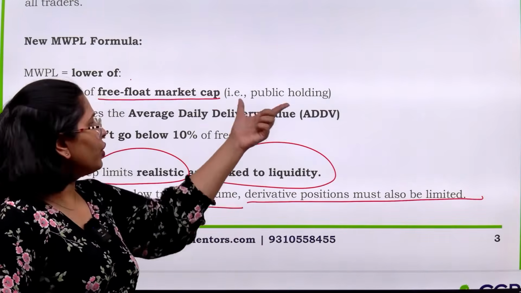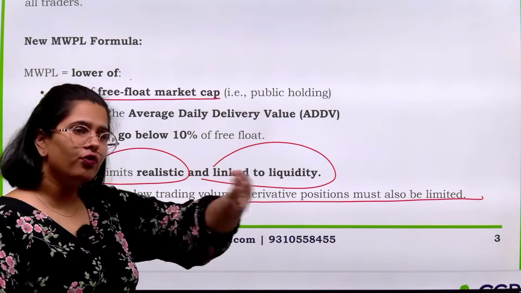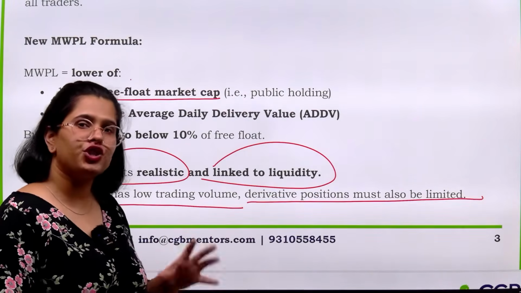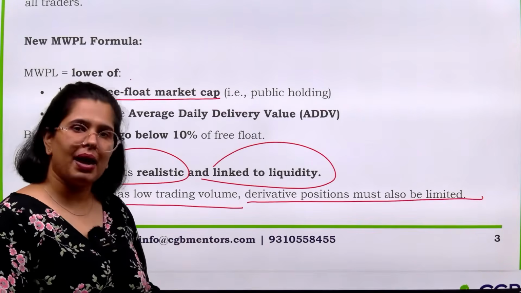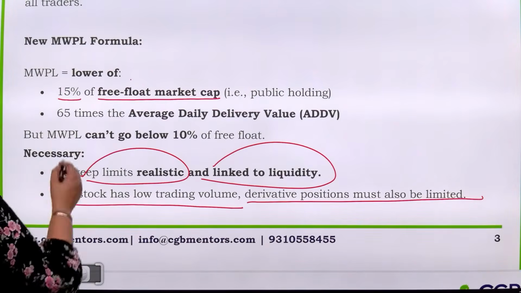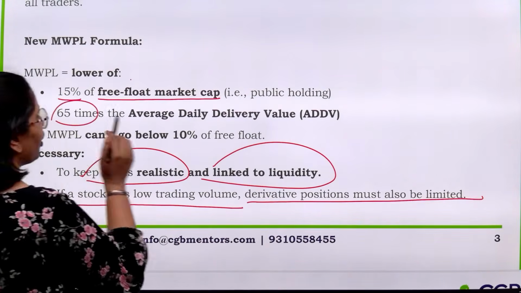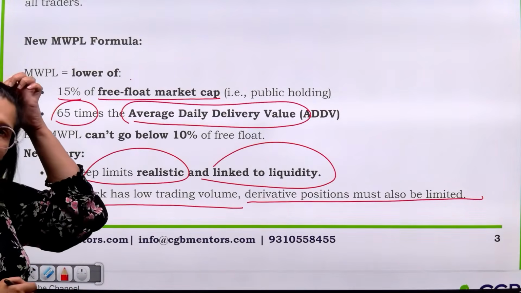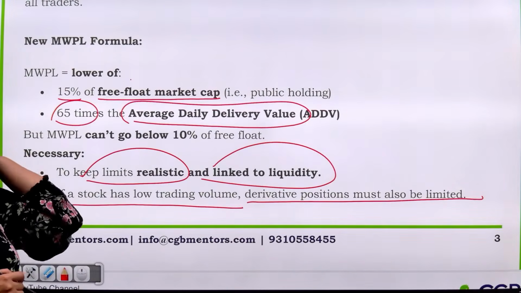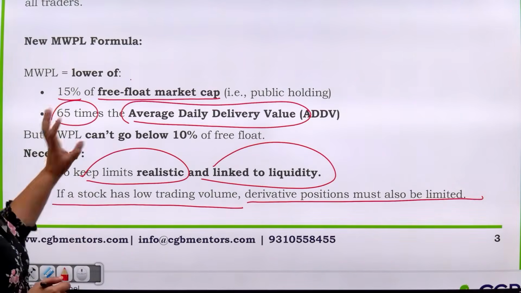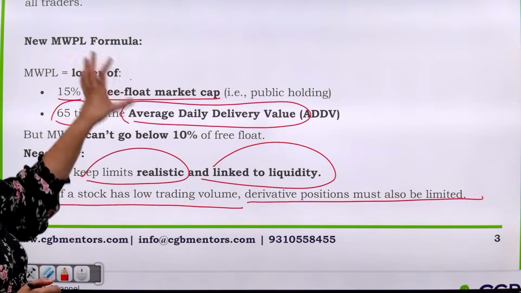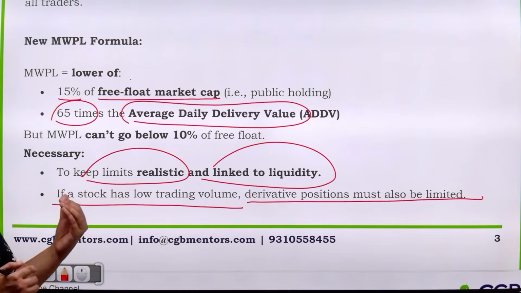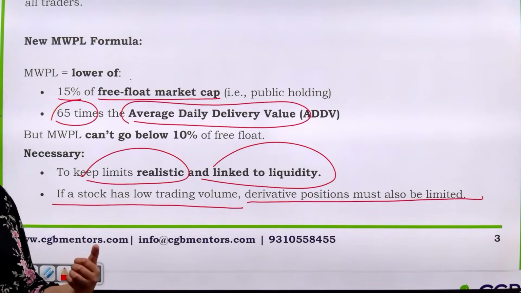Out of the total number of shares, if you remove the promoter's shareholding, you will get your free float share capital, multiply it with the market price, 15% of that, or 65 times your average daily delivery value. ठीक है, आपका डेली का एवरेज डिलीवरी वैल्यू क्या है, राइट? 65 times of that. Whatever is lower is the limit, right?